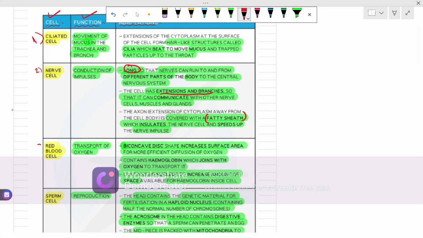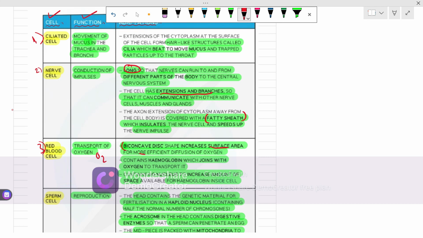The third one is a very common one, RBCs, red blood cells. The main function of red blood cells is transportation of oxygen, O2. The adaptations of the red blood cell are, first of all, they have a biconcave disc shape or a donut shape to increase the surface area for diffusion of oxygen.